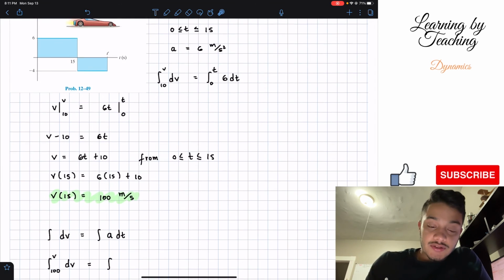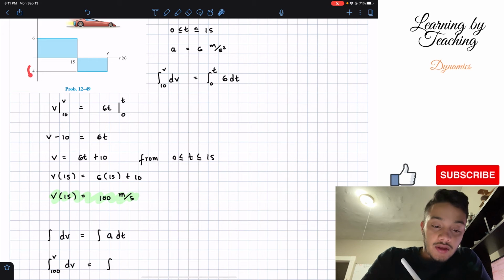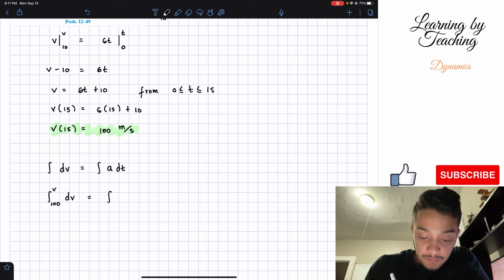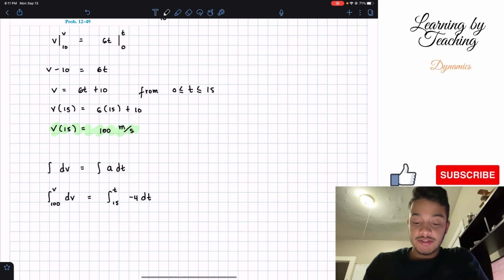And then the integral on our right side, well, what is our acceleration in this time? Okay, so let's take a look. In here we have -4 when our time is between 15 and t prime. So between 15 and our final t, we have an acceleration of -4, and we multiply this by the change in time.